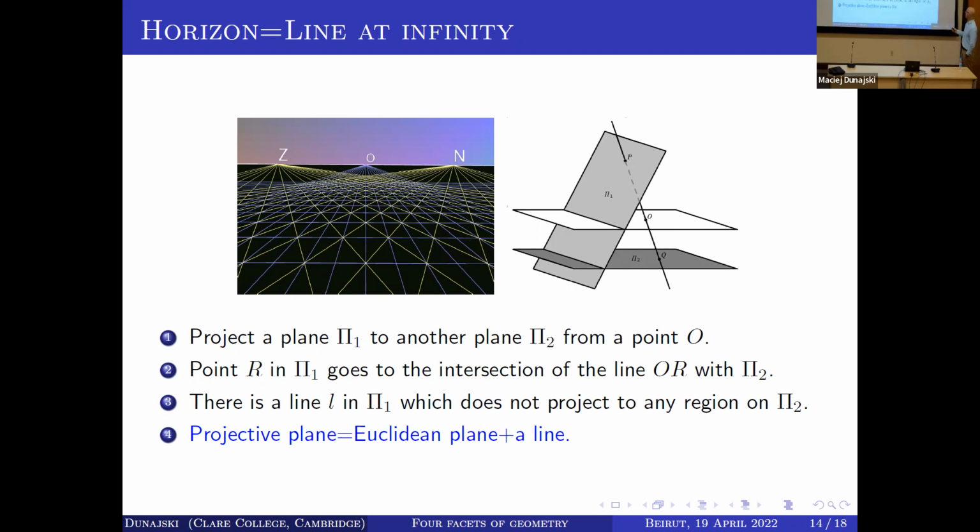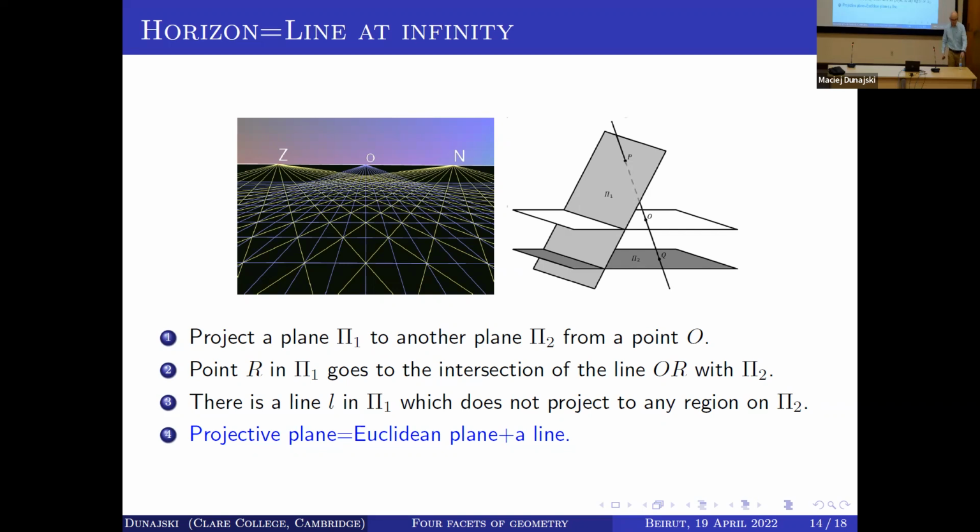So the way this projection works is you pick a point on the first plane, pi1, called P, and you draw a line which connects P to O, and you extend it until it hits the second plane. And this is your image of the point P under this projection.